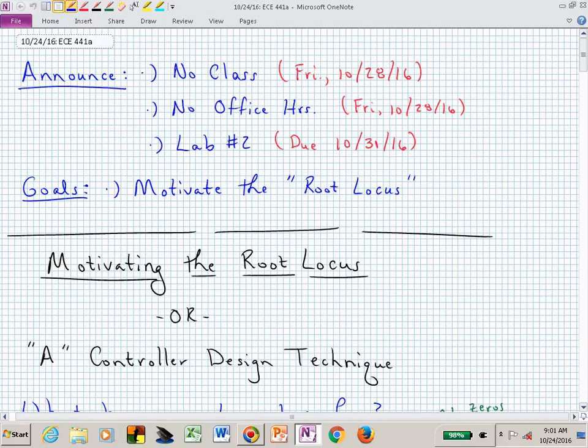Thank you for correcting. And today what I want to try to do is motivate the root locus. The root locus is a strategy to help you design controllers when you have this adjustable parameter. What I want you to do right now is sit back and try to understand where we've been and where we're going, and then we'll jump into looking at some examples.